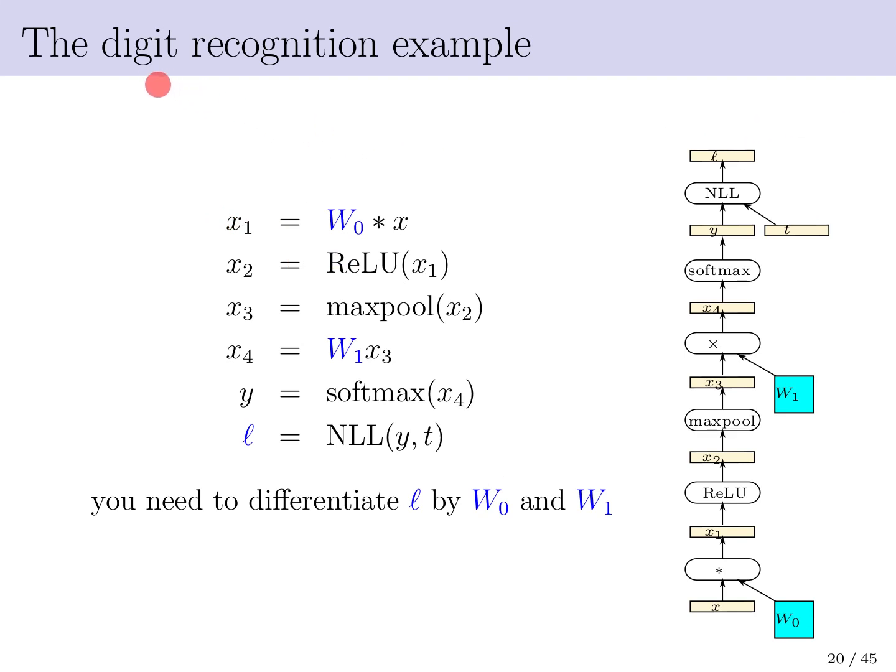So in the specific example of the digit recognition, it can be expressed in something like this, and you have to be able to differentiate this L by W0 and W1 here.